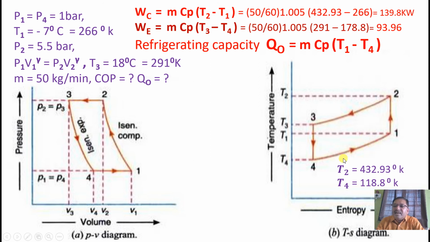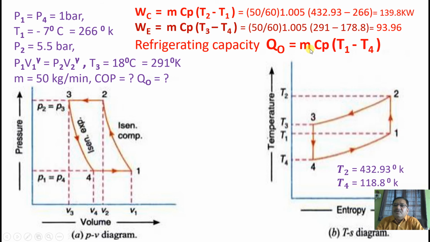The refrigerating capacity depends upon the rate of heat absorbed during process 4-1. Due to the heat absorption, the temperature increases from T4 to T1, so T1 is the increased temperature and T4 is the temperature before heat absorption. Therefore I am writing T1 minus T4.